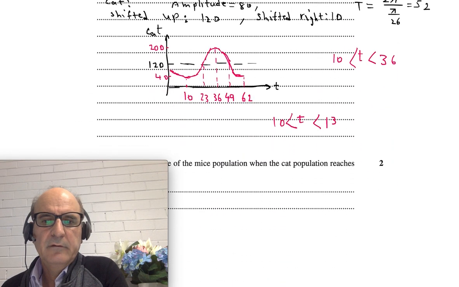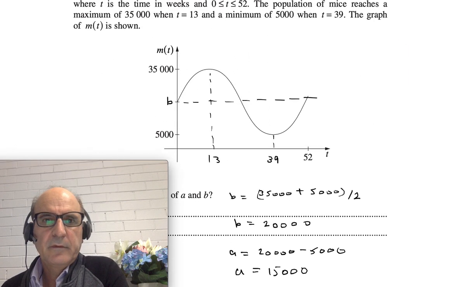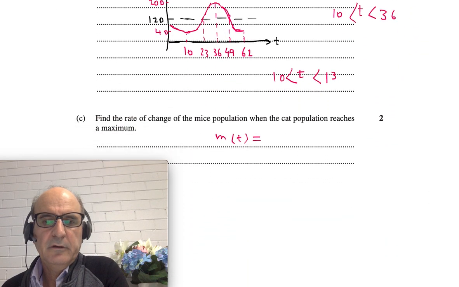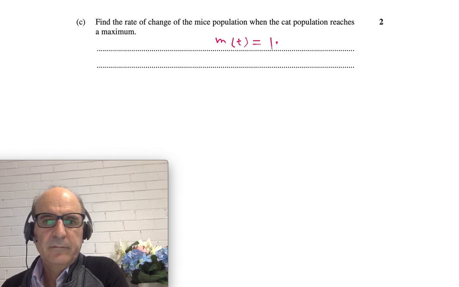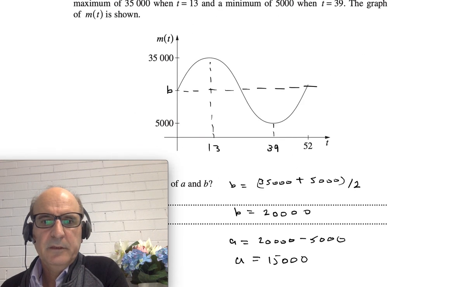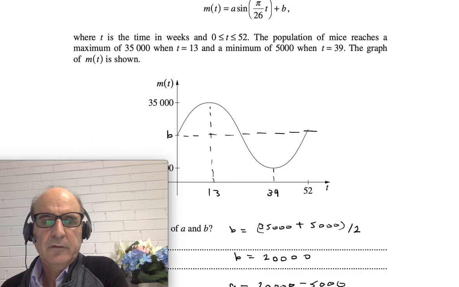So we have M(t) equal to A, which was 15,000 times sine of pi on 26 t, plus B, which was 20,000.